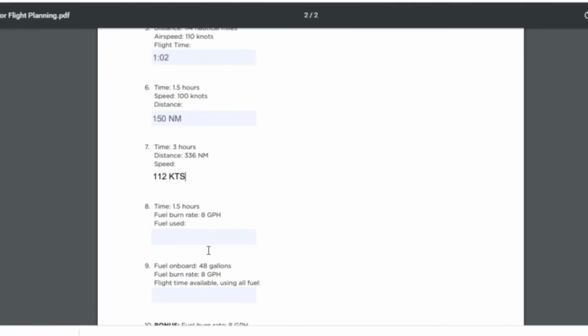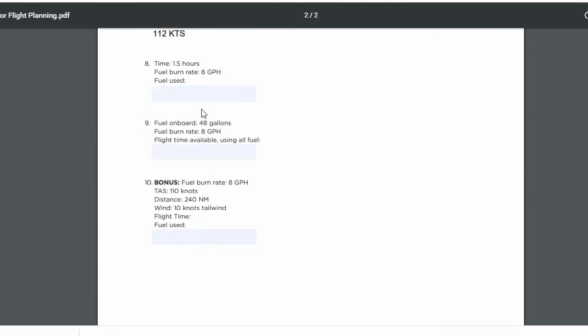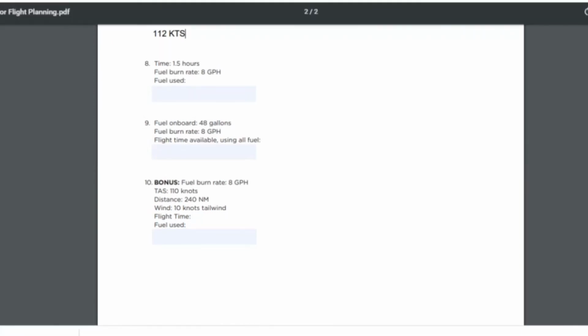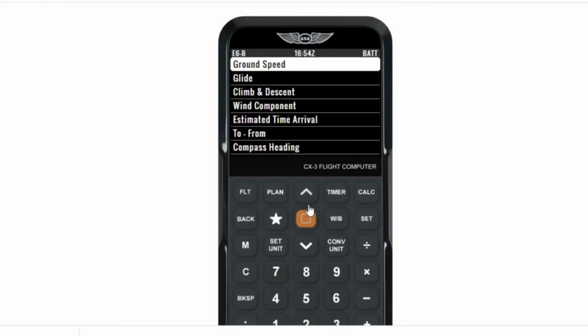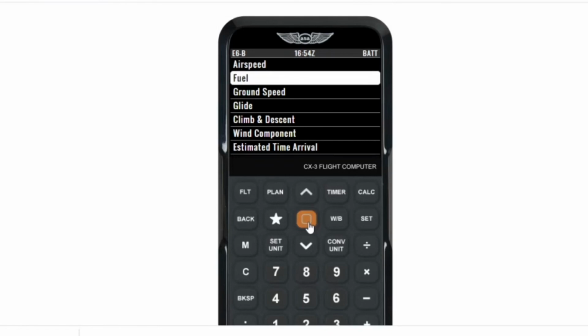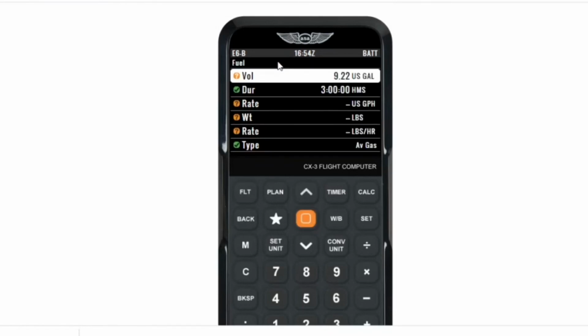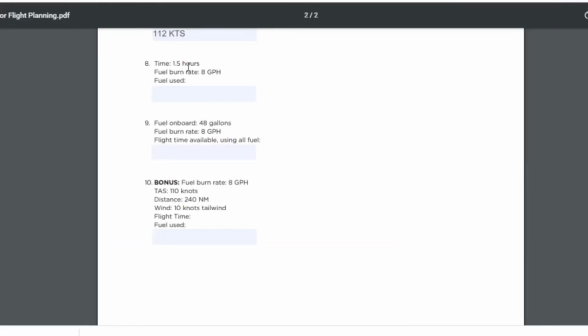And then the last ones, it says fuel burns. And so that's basically the same. You guys want me to work those? Okay. Fuel. The question said we're going to be flying for 1.5 hours, burning 8 gallons per hour.